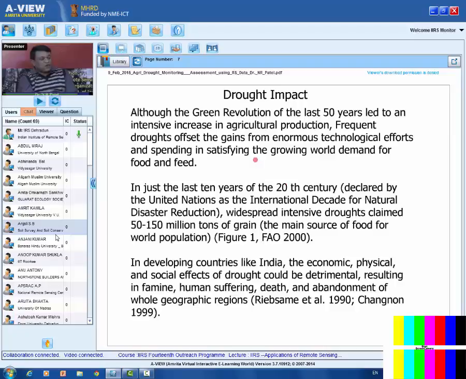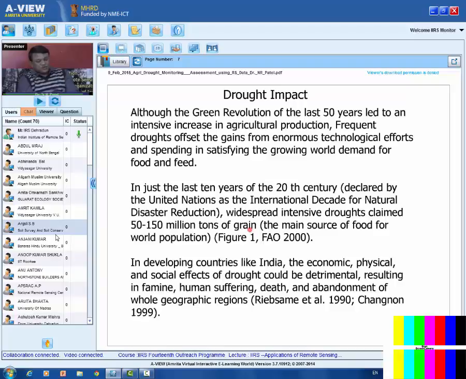Drought impact we have already discussed, but in total, drought effects may be economical, physical and social, covering famine, women's suffering, death, and abandonment of whole geographical regions. A wide intensity drought often claims 50 to 150 million tons of grain, which is the main source of food.